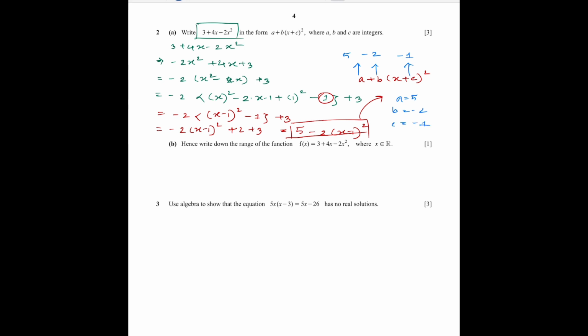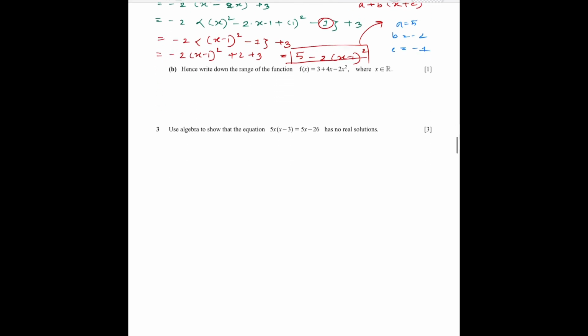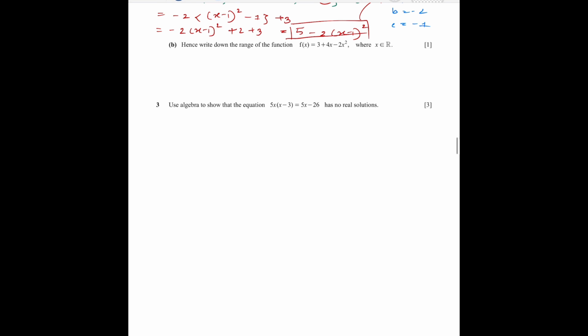I think we understand all the things. So part b: hence write down the range of the function. So okay, the function f of x is given in that format. Let us have a page and do the detail of the question.